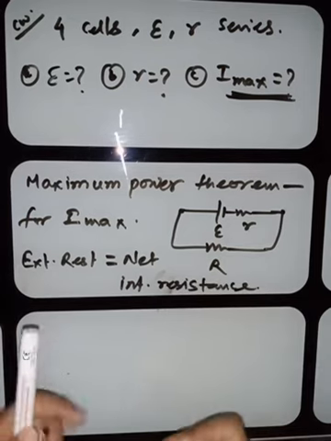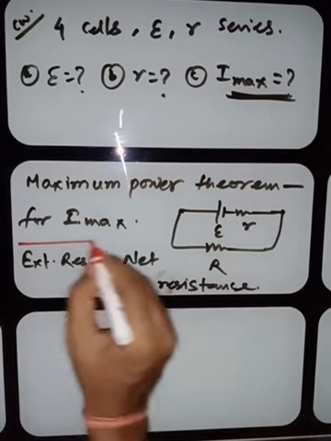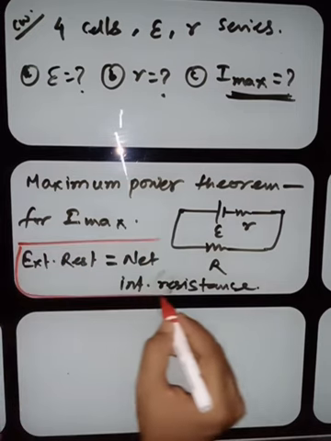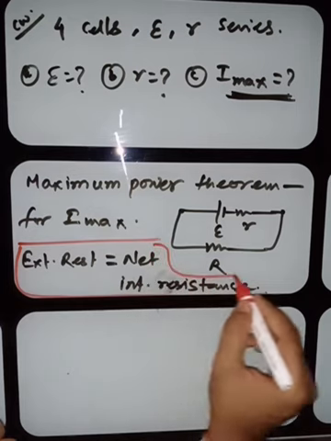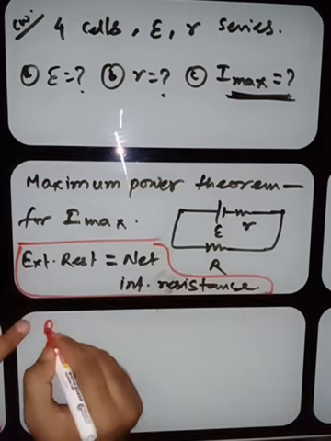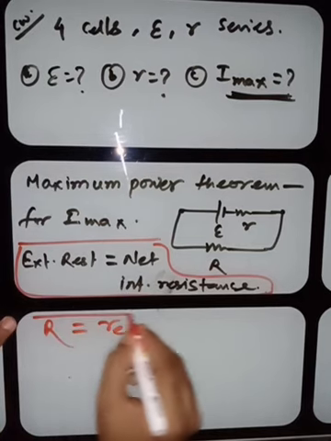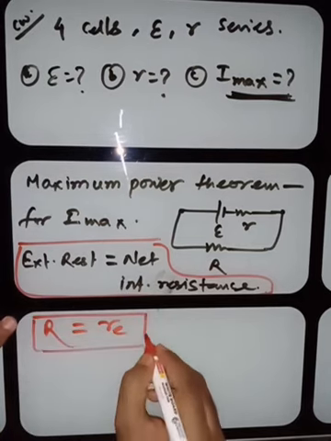This is very, very important, my dear student. The power is maximum when the external resistance R is equal to the R equivalent, that is the net internal resistance.